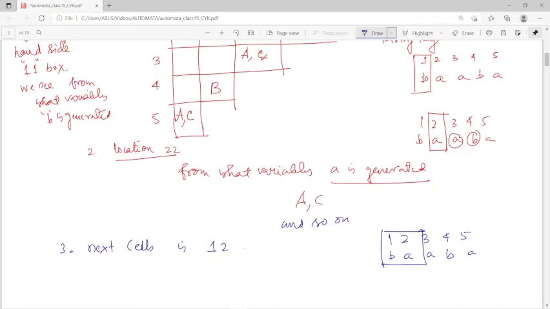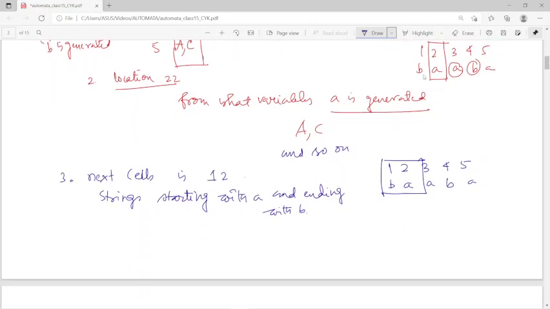That means the strings starting with B and ending with A.